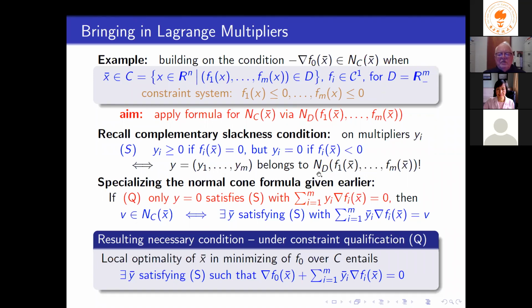So this is a really good insight. So all that stuff about, I don't know, any of you have worked in optimization and you write papers, and many times you have to write down the complementary slackness conditions, and they're sort of always a bit of a complicated annoyance. But there's a simple way of looking at it. It's just the normal cone condition for this particular kind of set.